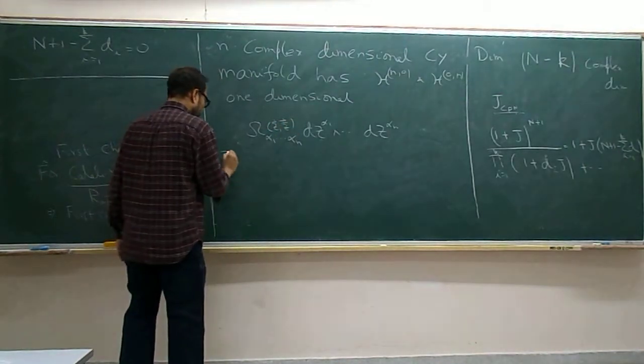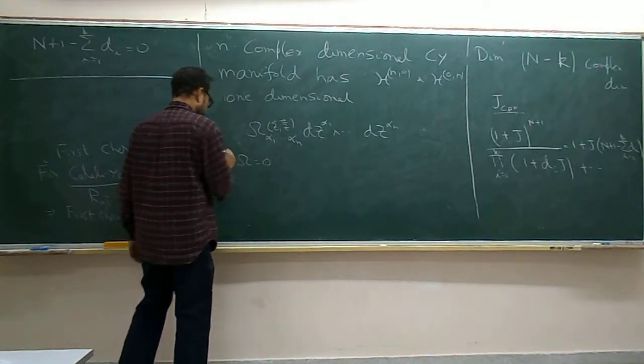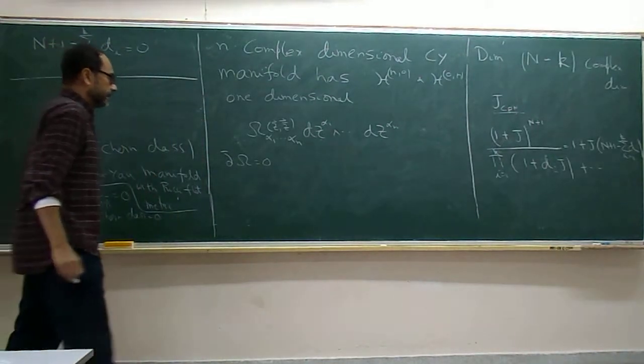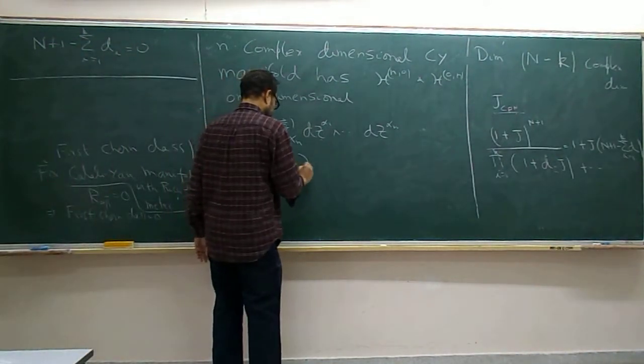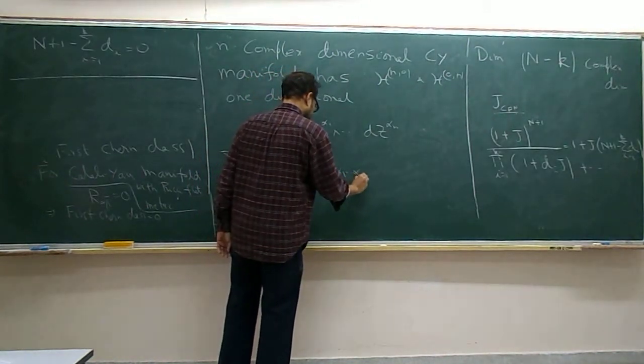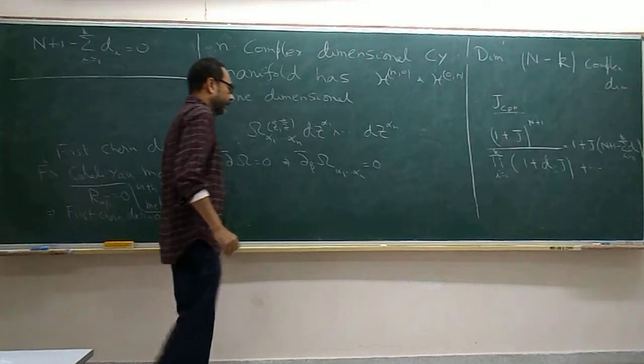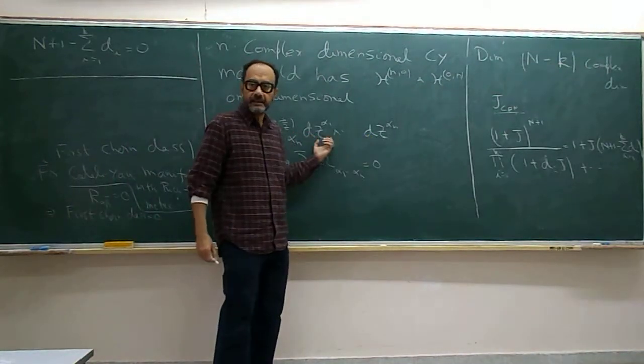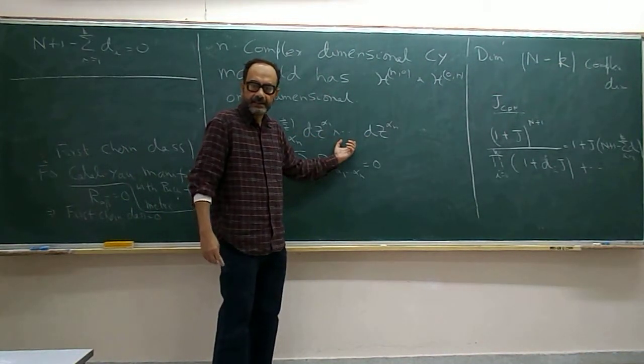But del bar omega equal to 0 basically means del bar_beta of omega_{alpha 1 to alpha n} equal to 0, because all of these alphas are holomorphic indices, so there is nothing to antisymmetrize.